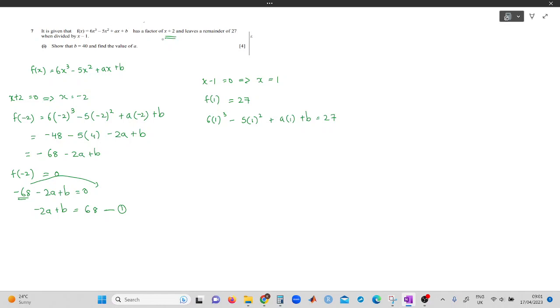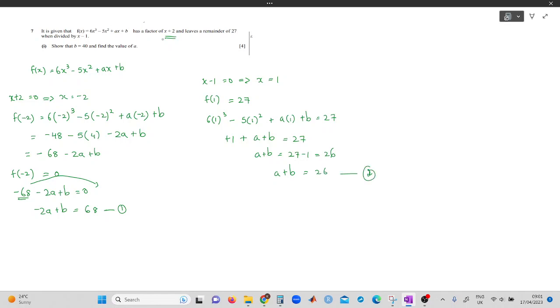Ça va me faire 6 moins 5 plus 1 plus a plus b égale à 27. A plus b égal à 27 moins 1, qui me fait 26. D'accord? So this is the second equation, a plus b equals 26.